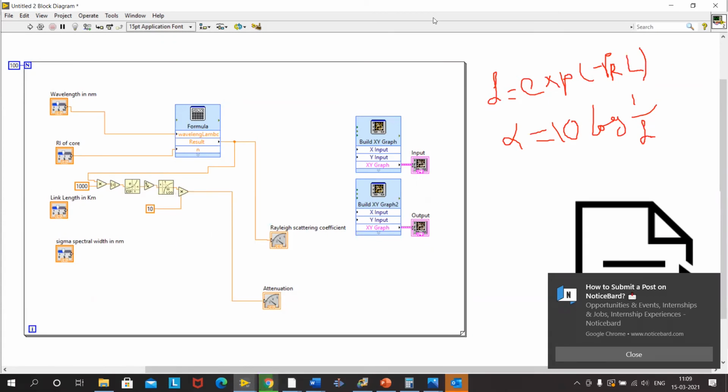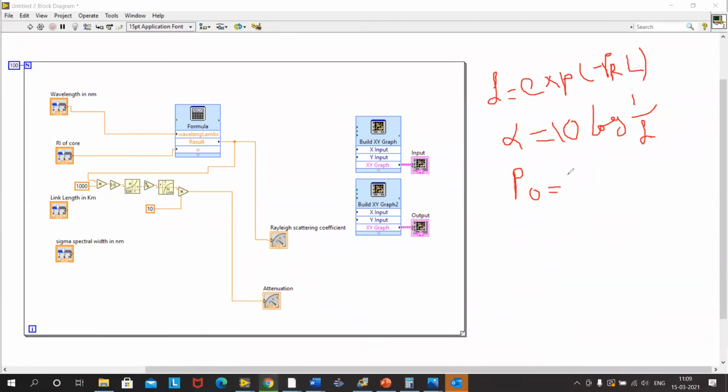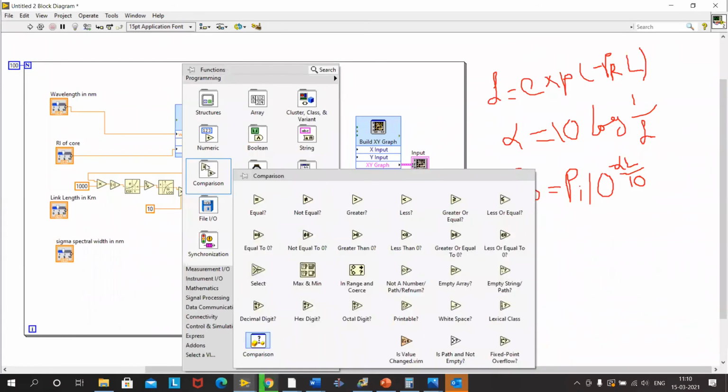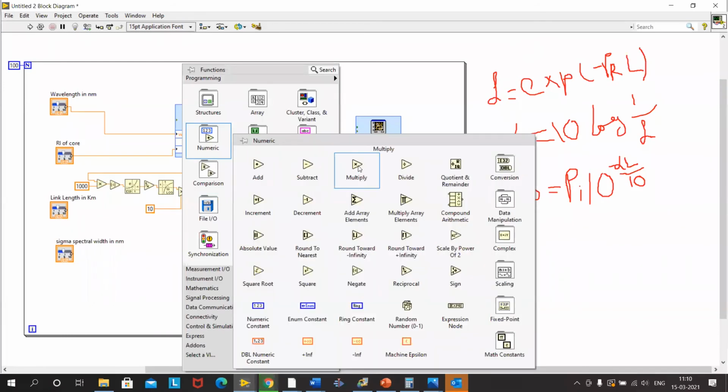Output power pulse, PO, is equivalent to PI times 10 to the power of minus alpha L by 10. So we will again start calculating this parameter. For that we need a multiplier, numeric, multiply.